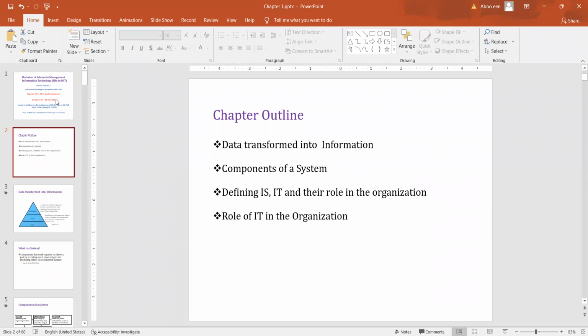Before I explain the definition of information technology, can anyone define this IT? What is IT? What do you mean by information technology?